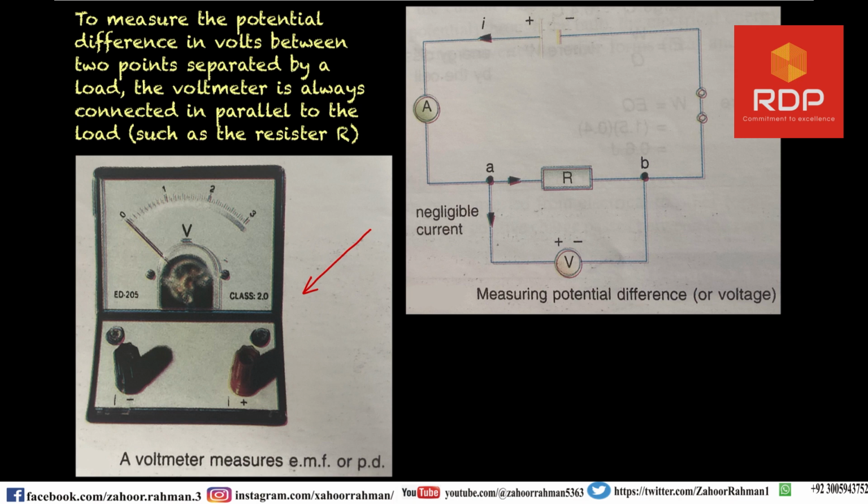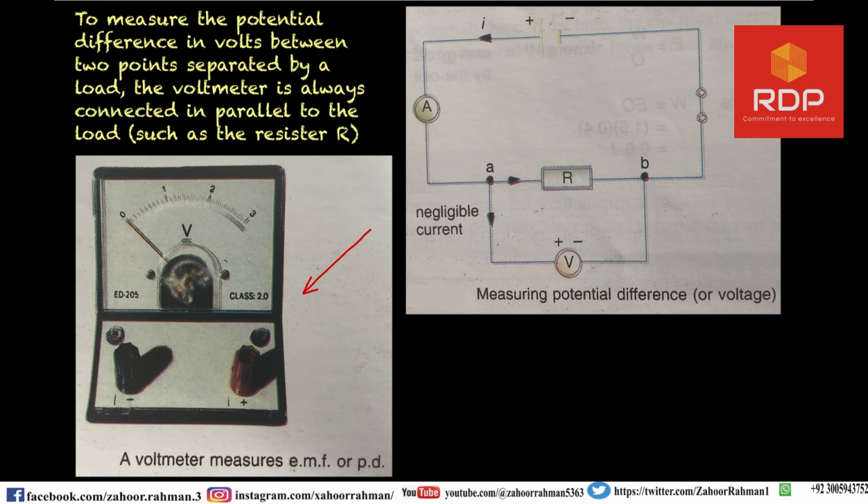An ideal voltmeter must have resistance, which we will discuss in the next section, very much larger than that of the load of resistance R. Yes, you have to keep in mind that the resistance of the voltmeter must be very much larger than that of the load resistor it is connected across. This is to avoid drawing a large current from the circuit it is connected to.